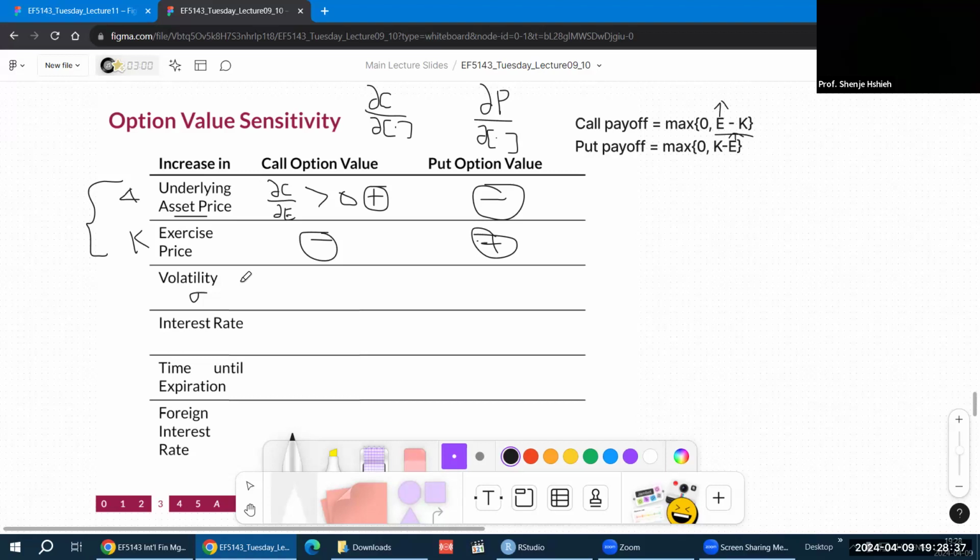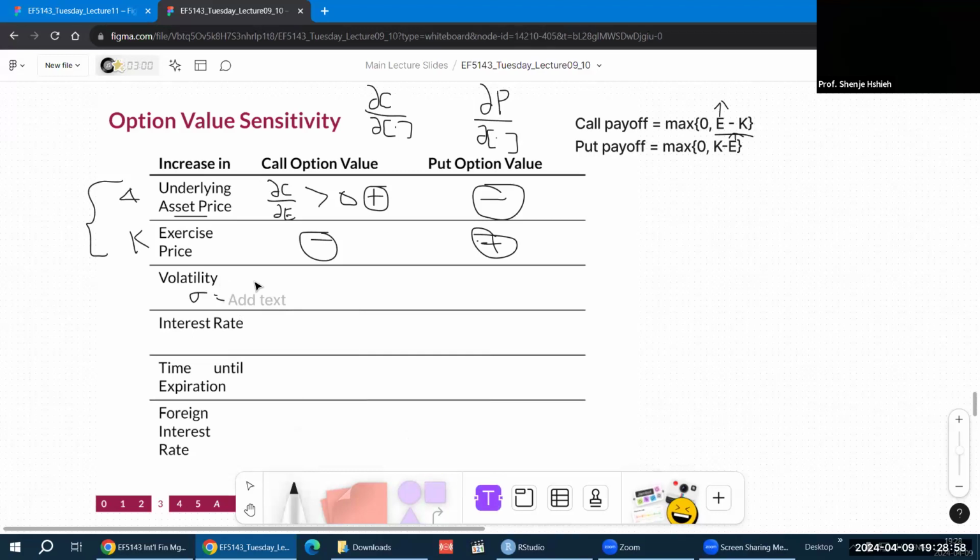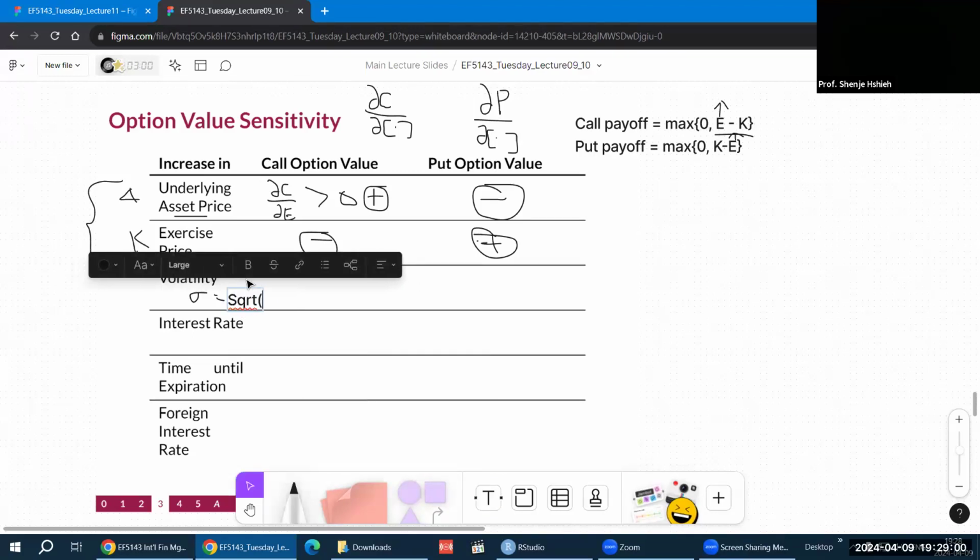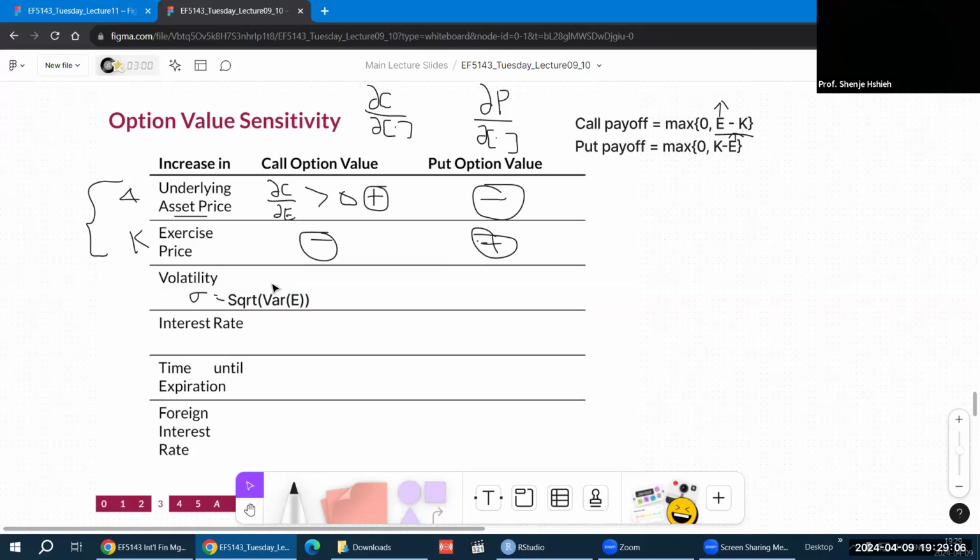For volatility, it's hard to see unless you've seen the binomial tree model or something like that. So I'll walk you through a little bit of it just to make sure everybody understands why it has that direction. For volatility specifically, we're looking at the variance. So let me write the square root of the variance of E. That's volatility.